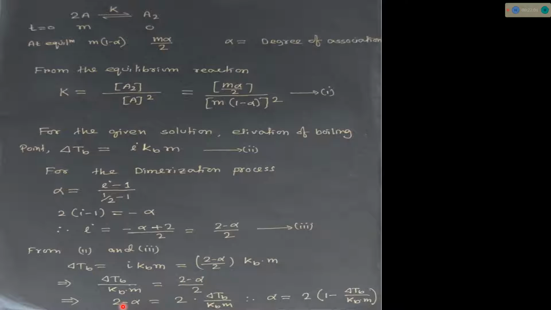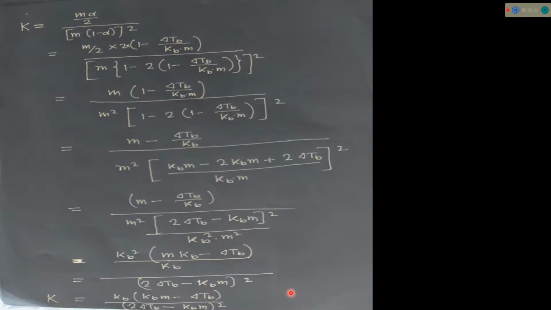So we can write 2 minus alpha equal to 2 into ΔTb upon Kbm. So alpha equals 2 into (1 minus ΔTb upon Kb into m). From these expressions we now obtain the value of alpha.